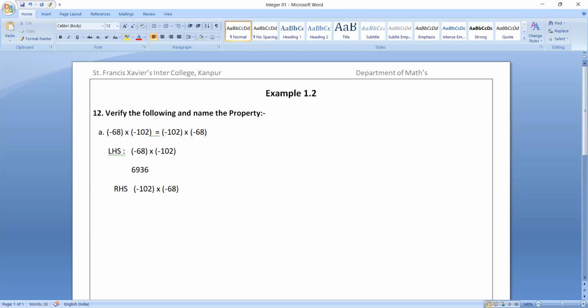And once we multiply these two numbers, we will get the same answer, that is 6936. My dear student, I hope you get this point very well. So this property is called commutative property, because the order does not matter.